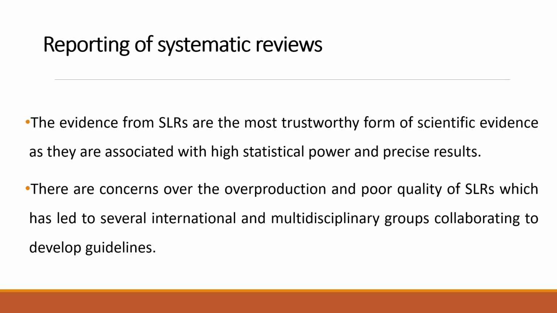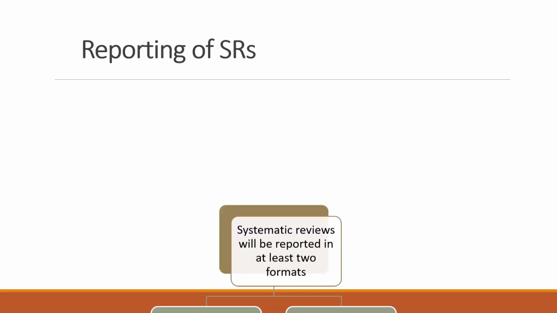Earlier, there might have been some errors or some standard guidelines they had not followed. So for that, now you have specific guidelines on what has to be reported in systematic reviews and how it has to be reported.